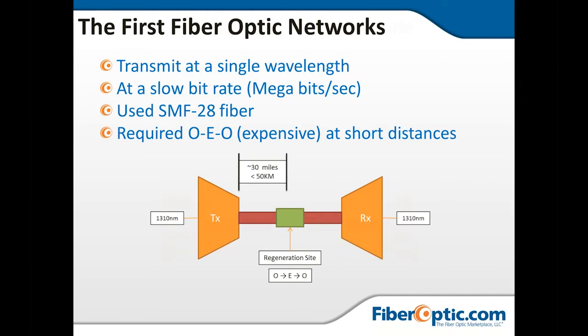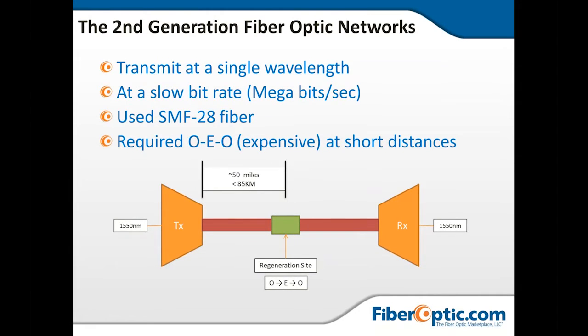The second generation came with the realization that 1550 has the least loss of any wavelength. We then could stretch out to 85 kilometers before we needed a regeneration site. Again, the regen site is going to have that optical to electrical to optical conversion. It's expensive, and it's a limitation.